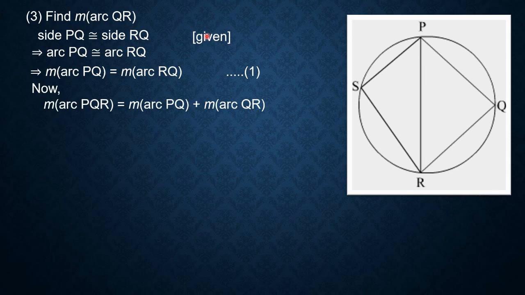Now, if you note in the figure, arc PQR is the sum of arc PQ plus arc QR. Hence, we can say that measure of arc PQR is equal to measure of arc PQ plus measure of arc QR.